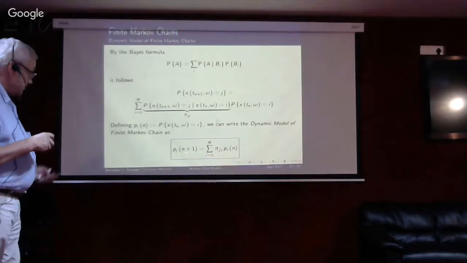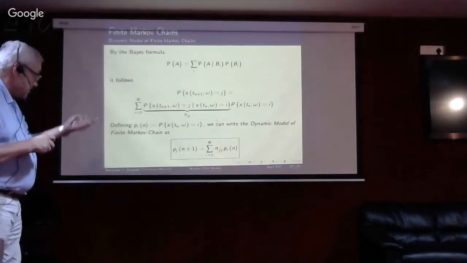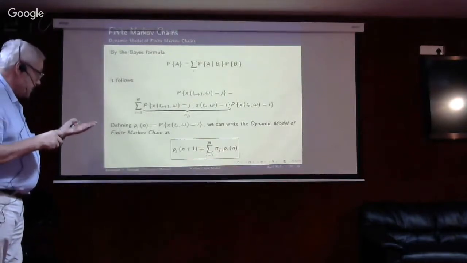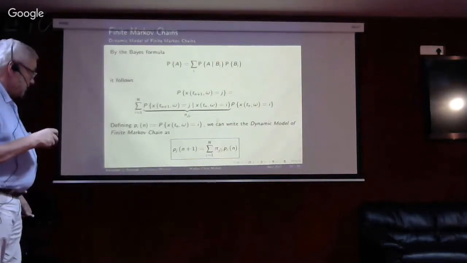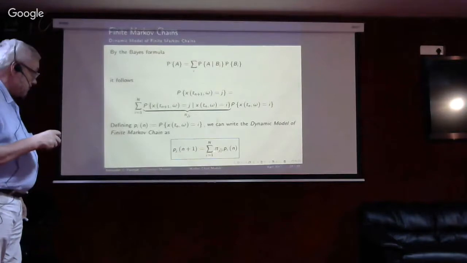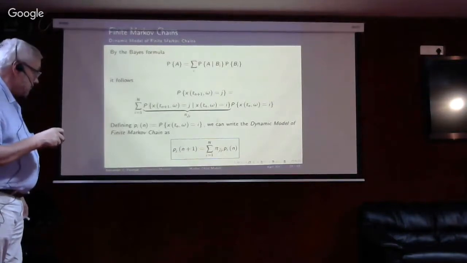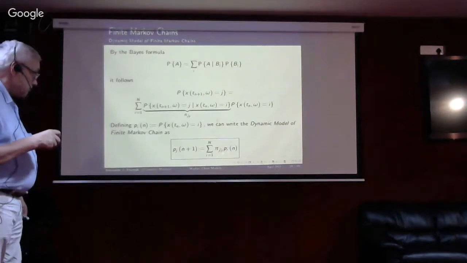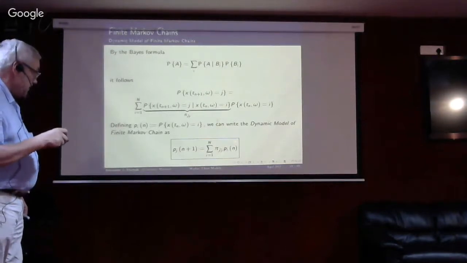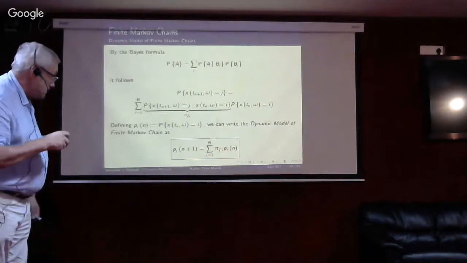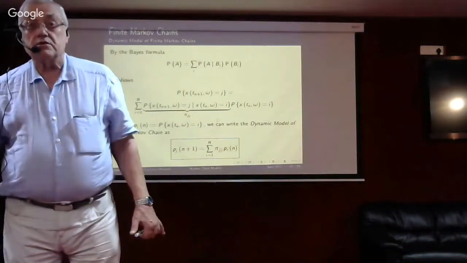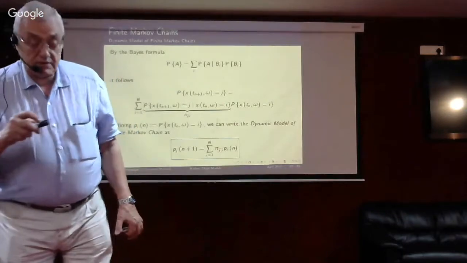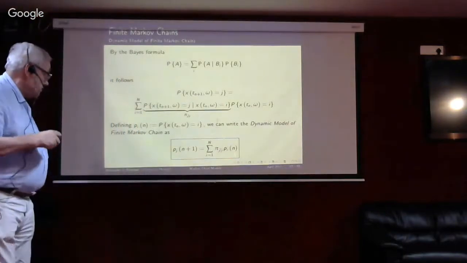We can arrive in G from any state, from E to G, from 1 to G, from 2 to G, from any, and we make a summation. If we sum the probability to go from E to G multiplied by the probability to be in state E at time n, we obtain the dynamics. So this is exactly the analog of the differential equation which we consider in usual problems. But for Markov chains, the dynamics is given by this equation.